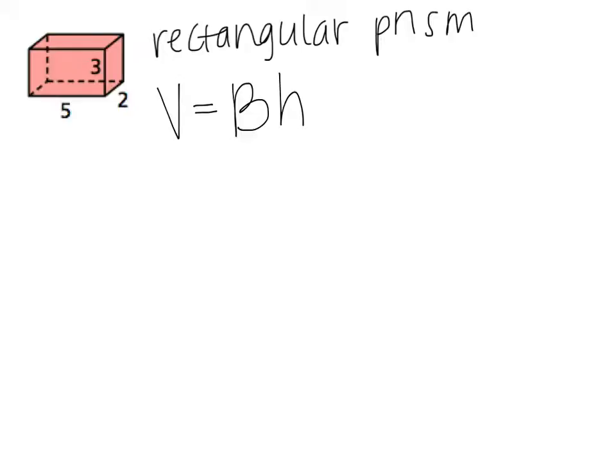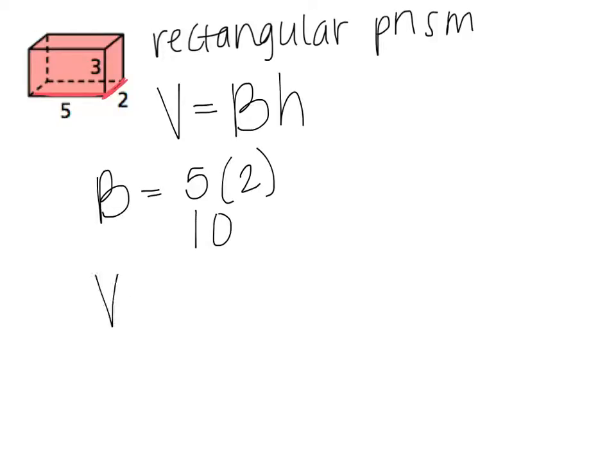If I look here and I want to find the area of the base, I'm always going to start there. This base has a length of 5, or a base of 5 and a height of 2, you can think. So the base is going to be 5 times 2, which is 10.